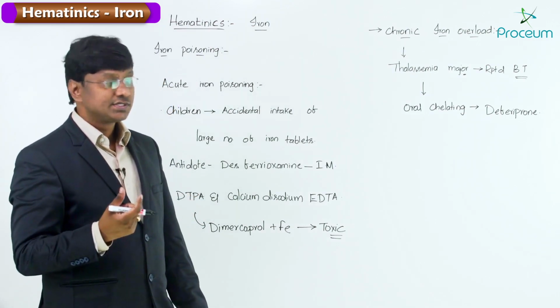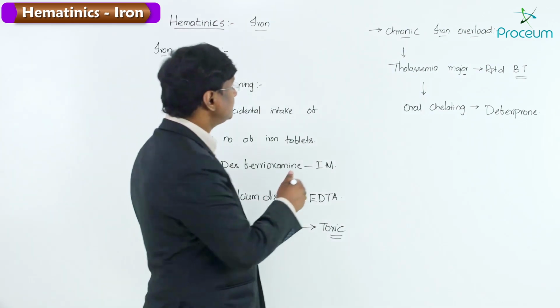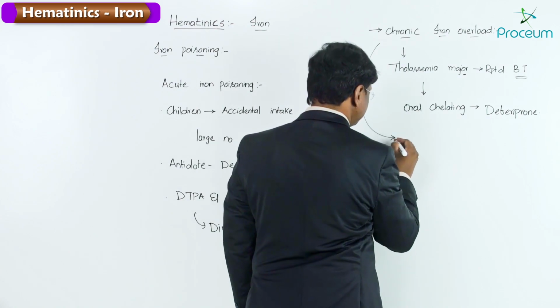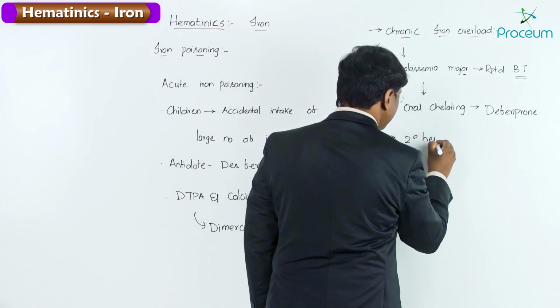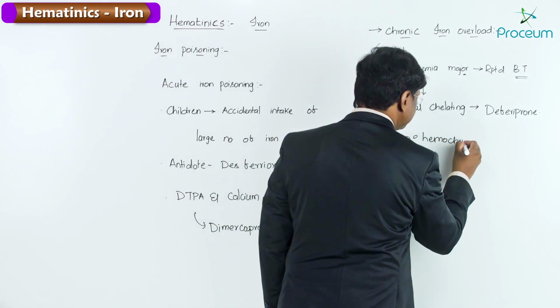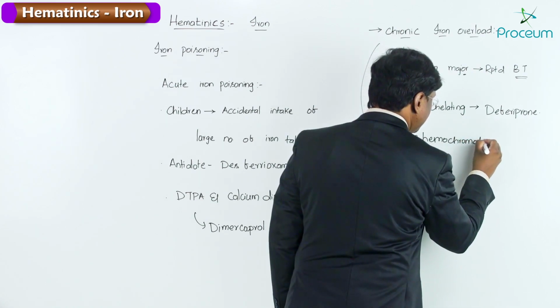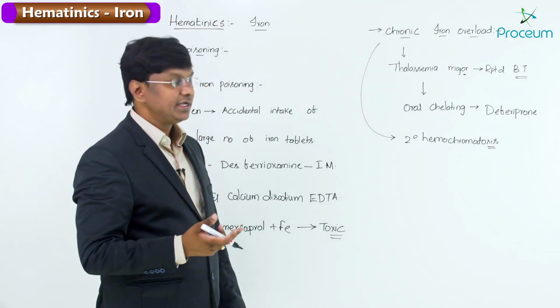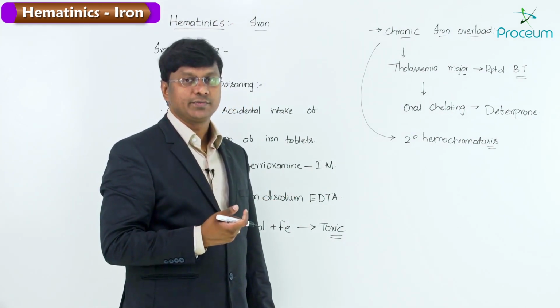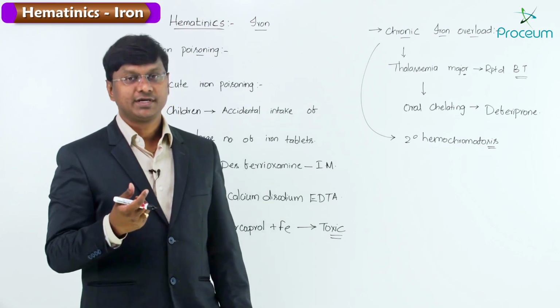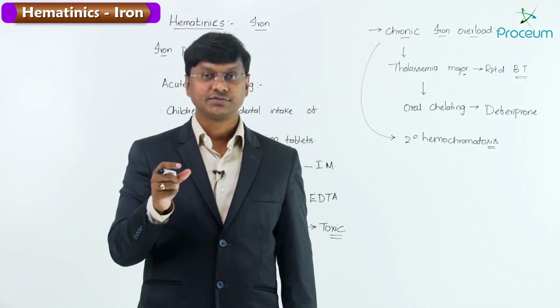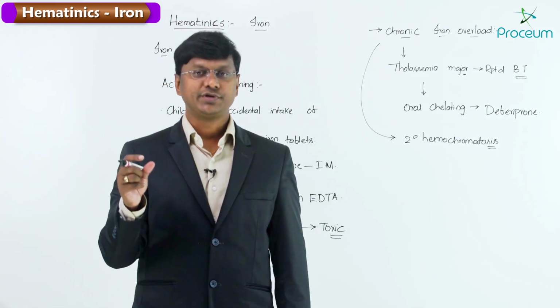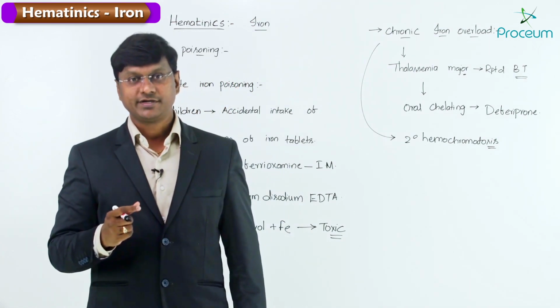So, this chronic iron overload can cause secondary hemochromatosis, and what is this hemochromatosis? Iron overload in the individual is called hemochromatosis, and it could be due to gene mutation, that is HFE gene mutation, that will be your primary hemochromatosis.